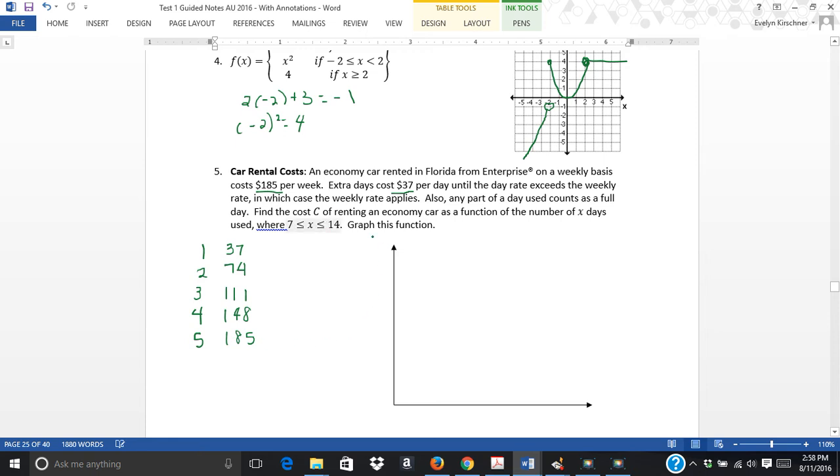I want to know from 7 to 14. So I'm going to say this is 7, 8, 9, 10, 11, 12, 13, 14. And I have 185, and then I have to add the 37 every time.